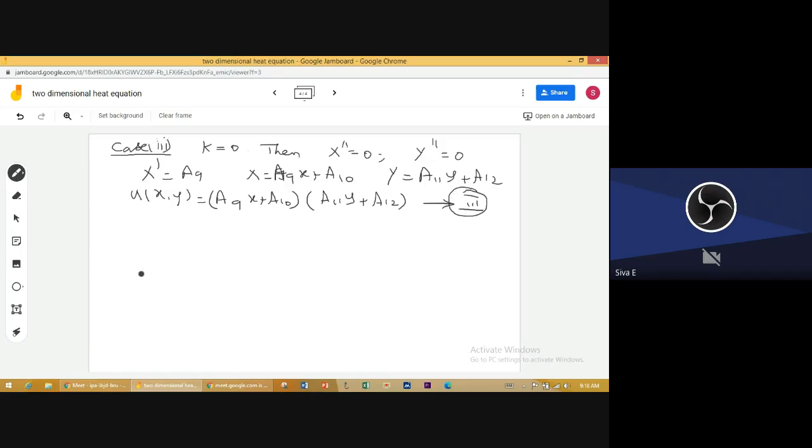Okay. So now we see all the possible solutions. How can we know which one is the suitable solution?